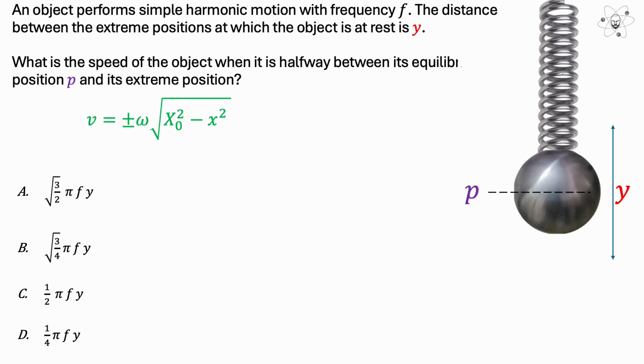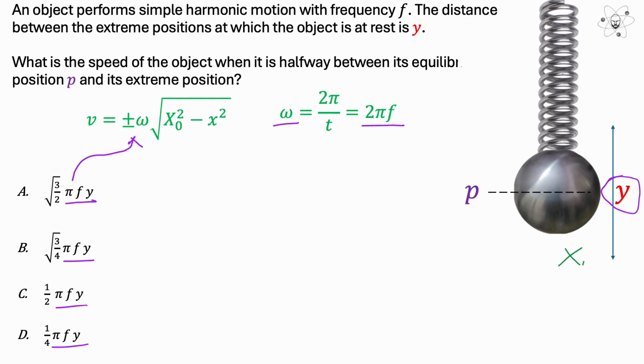And if we look at all the options, they're all identical for the last three terms. We know that y comes from the problem, but that 2 pi f relates to omega, because omega, angular velocity or angular frequency, is equal to 2 pi f. So there's a bit of algebra to uncover here.